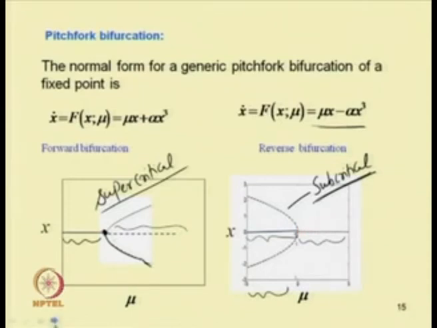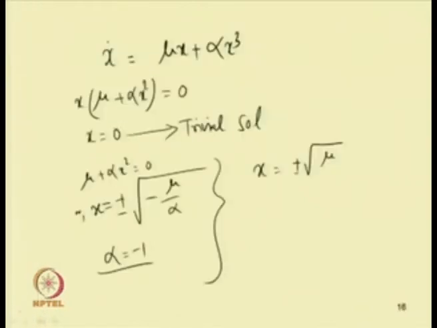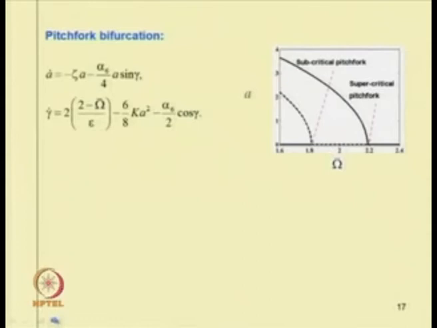So, this is the one dimensional generic case we have studied. Similarly, this is an example of a two dimensional case, where one can observe subcritical and supercritical pitchfork bifurcation. Here one can find the Jacobian matrix by perturbing these two equations, and after perturbing, one can obtain the Jacobian matrix and find its eigenvalues.